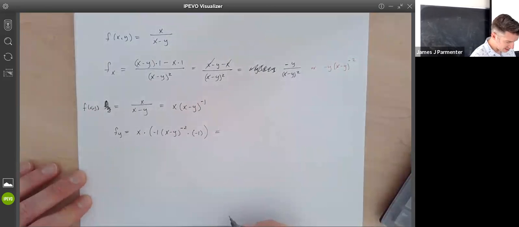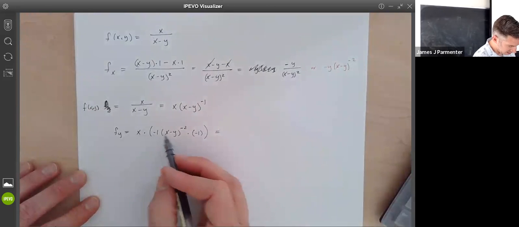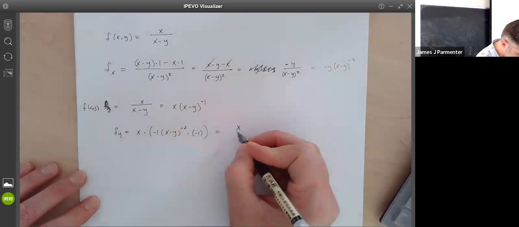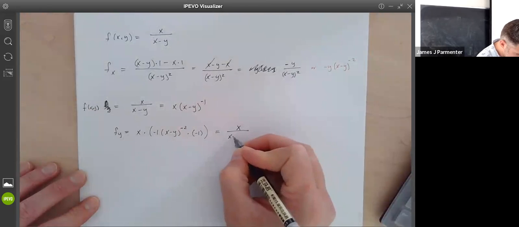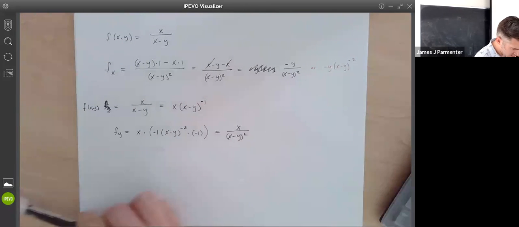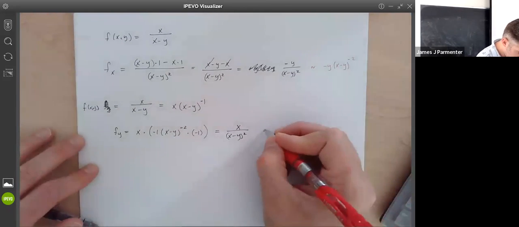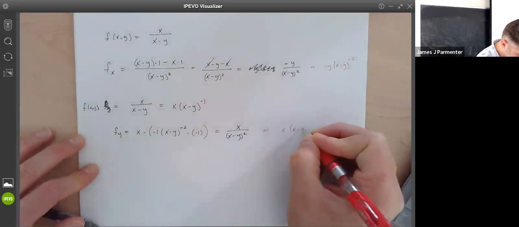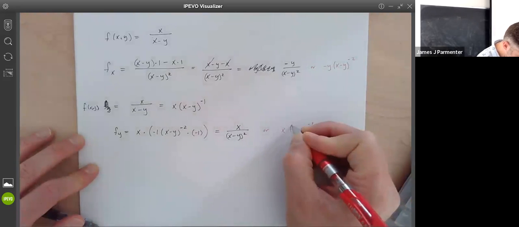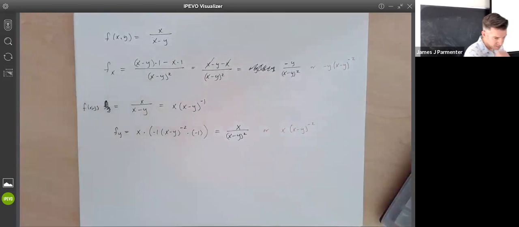Simplifying this, x times negative 1 times negative 1 is positive x divided by x minus y squared. Or maybe x times x minus y to the negative second. There are good reasons to use either one. It kind of depends on your preference.